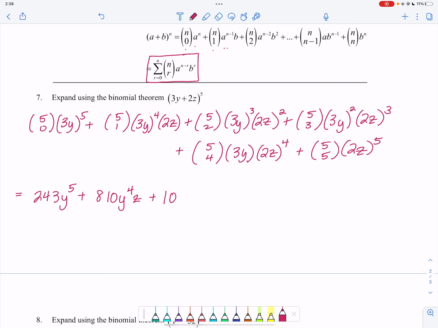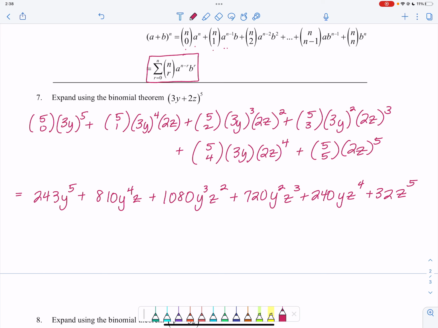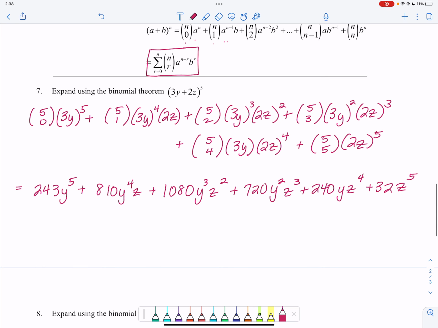And we'll just keep going. And you can always pause the video and see if you get these values that I got. 32z to the fifth. So it's very easy to use the binomial theorem.